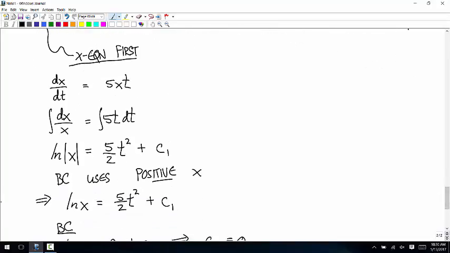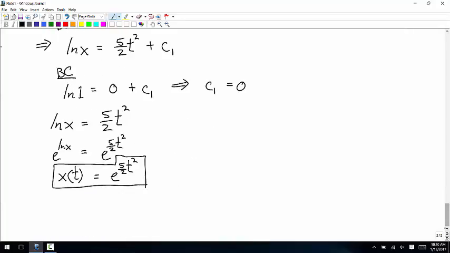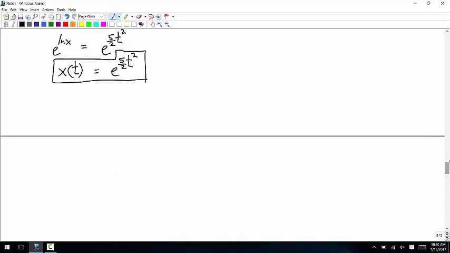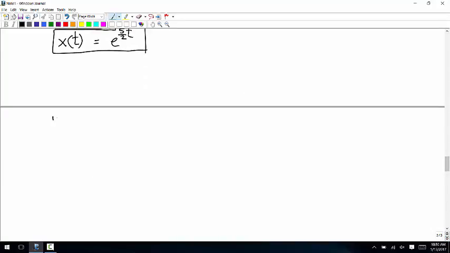We could do the x equation as if there was no y equation because it's uncoupled. And now we'll go to the y equation. The y equation says dy/dt is equal to 2y squared t squared.